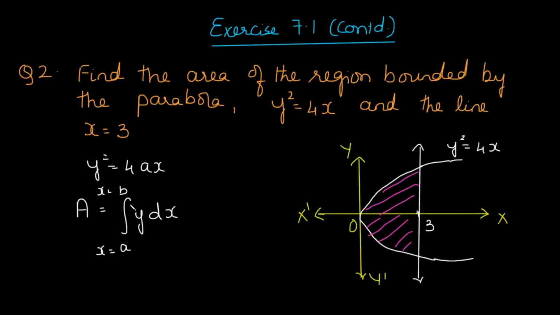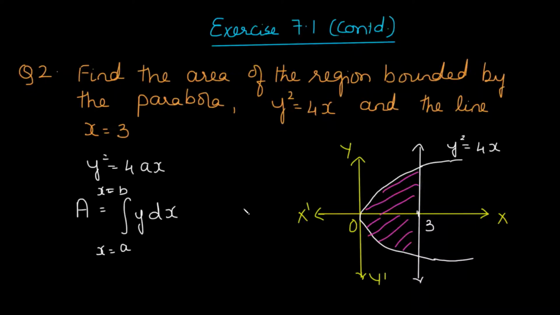For us the two lines are, the first line x is equal to 3, this forms the upper limit of integration, and x is equal to 0, that is the equation of the y-axis. So both of these lines are the required lines which form the limits of integration, and the integral y dx is what we are going to find.